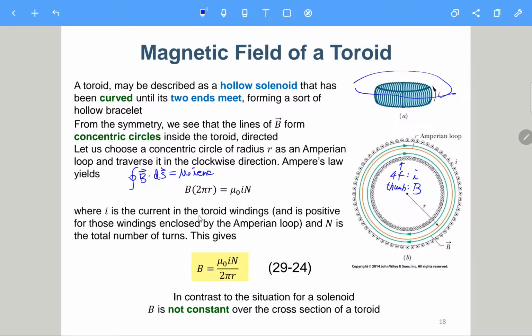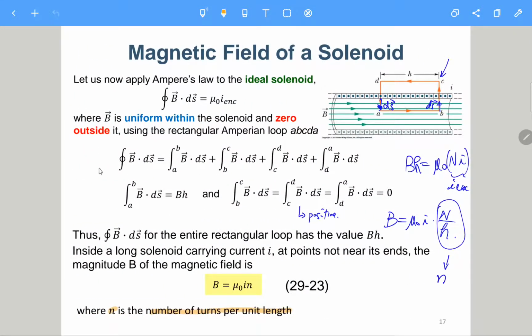I is the current in the toroid winding, and capital N is the total number of turns. So you need to distinguish: usually we have a capital N for the total number of turns and a small n for the number of turns per unit length.